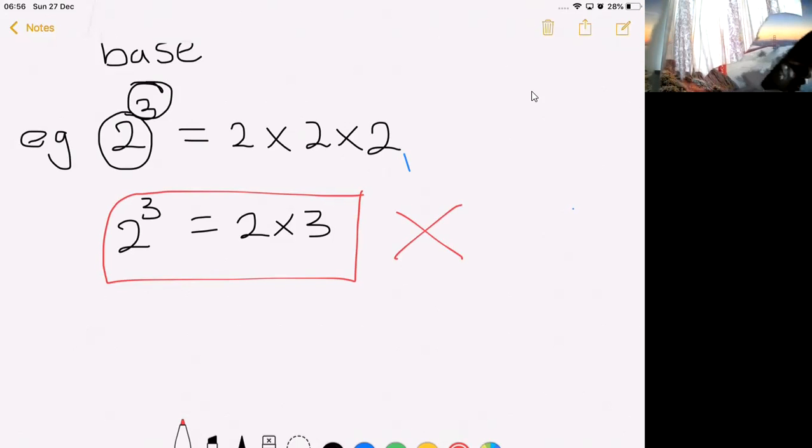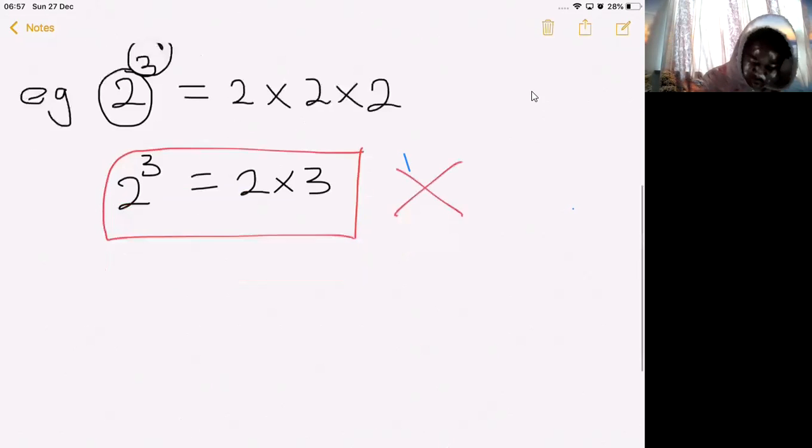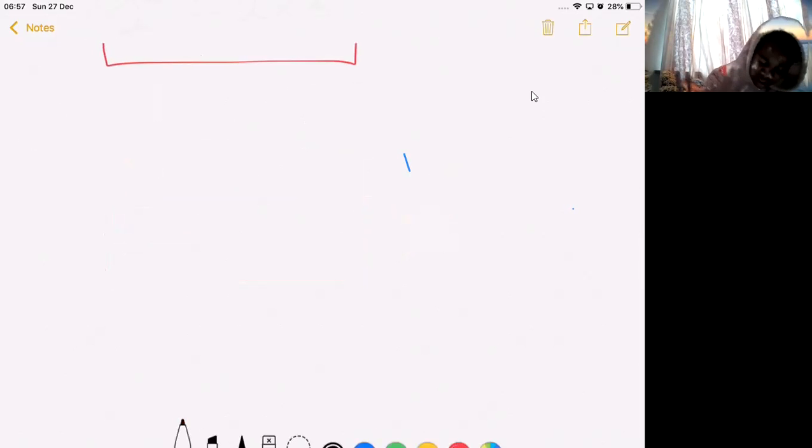Now, when we are dealing with exponents, normally we use the laws. But before we go to the laws, let's do something like this: 2 to the power of 3 times 2 to the power of 2.